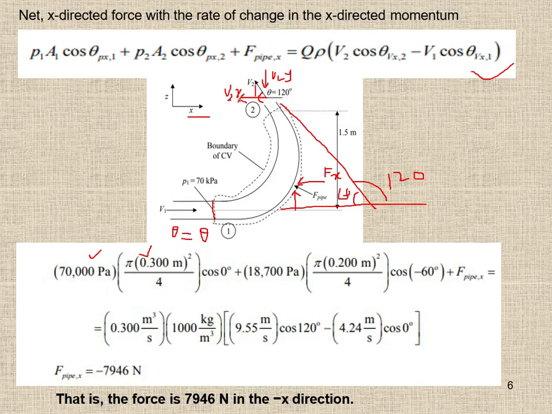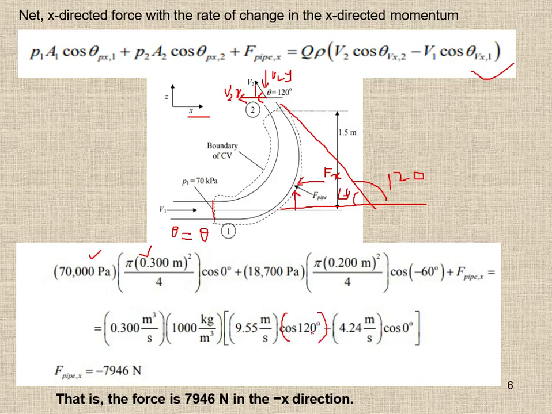V2 cos 60 degree, in the negative direction, so put the negative sign here in the bracket. Otherwise it will be wrong, because it is going to be minus.